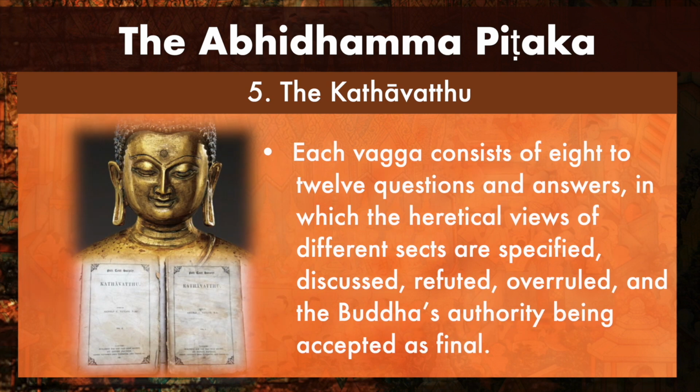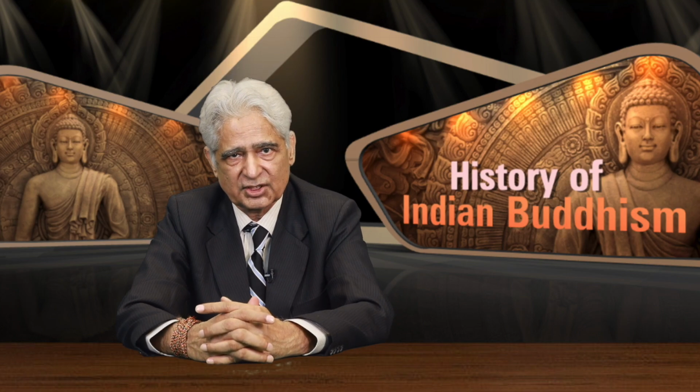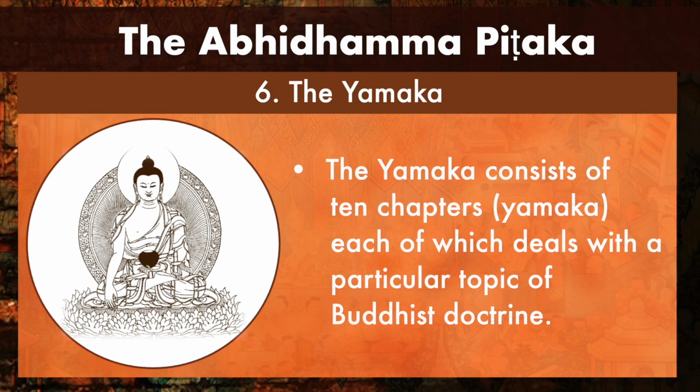Each Vagga consists of 8 to 12 questions and answers, in which the heretical views of different sects are specified, discussed, refuted, overruled, and the Buddha's authority is accepted as final. The sixth text of the Abhidhamma Pitaka is the Yamak. The Yamak consists of 10 chapters, each of which deals with a particular topic of Buddhist doctrine.